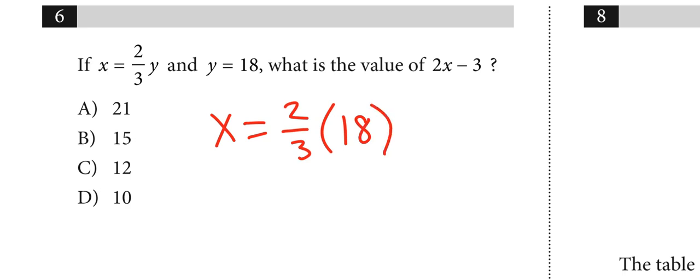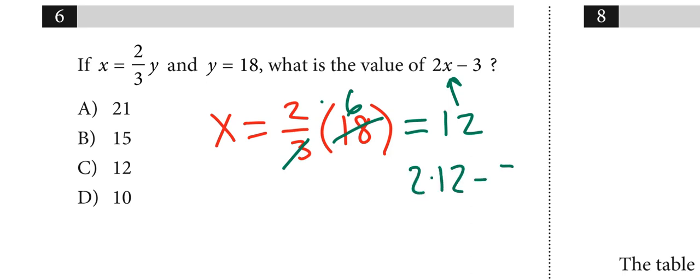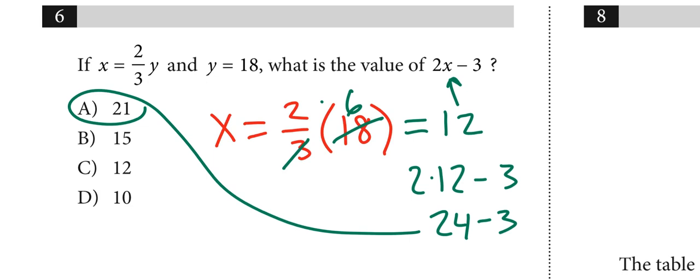How many times does 3 go into 18? 6. So 2 times 6 is how much? 12. So now we know x is 12, and we can plug that in there. 2 times 12 minus 3. 24 minus 3. Call it 21. Any questions about that?